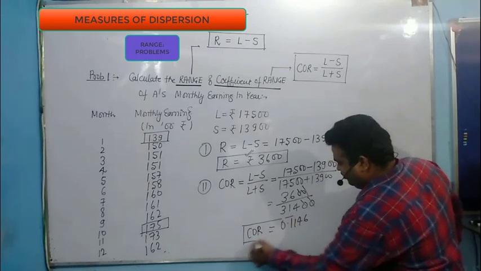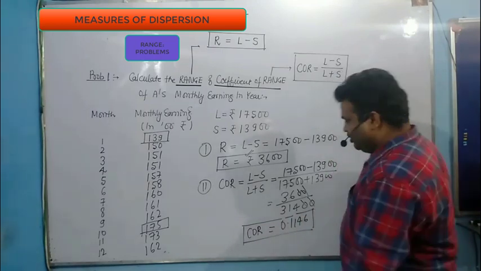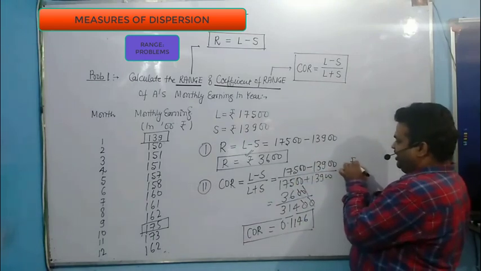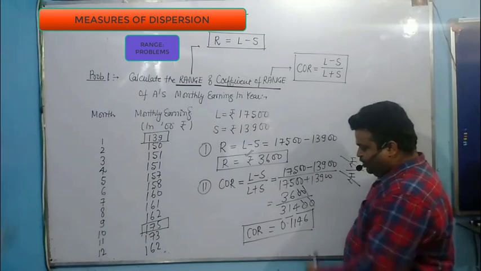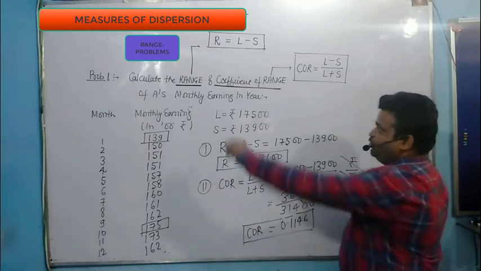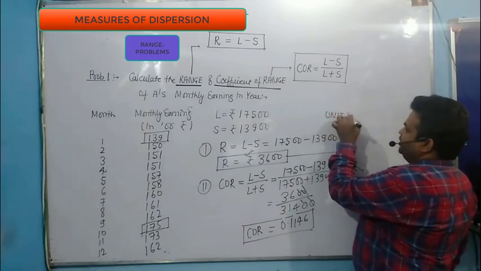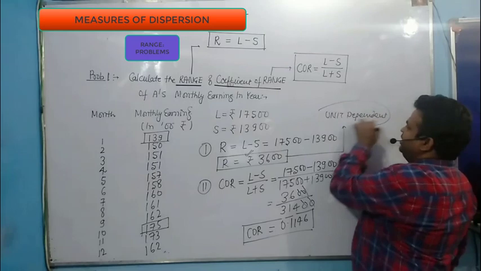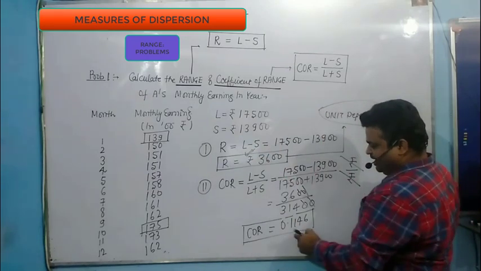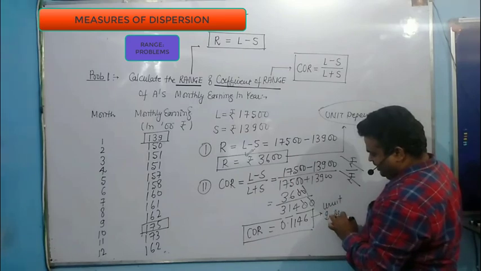Now one thing I want to tell you is that this is unit independent. Look here, the difference will be in rupees, the addition will be in rupees. Both units cancel out, so you have a unitless quantity. So this range is unit dependent, because this value comes in a unit, whereas the coefficient of range is unit independent.